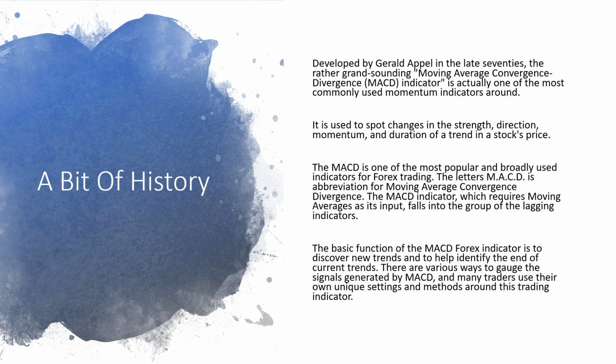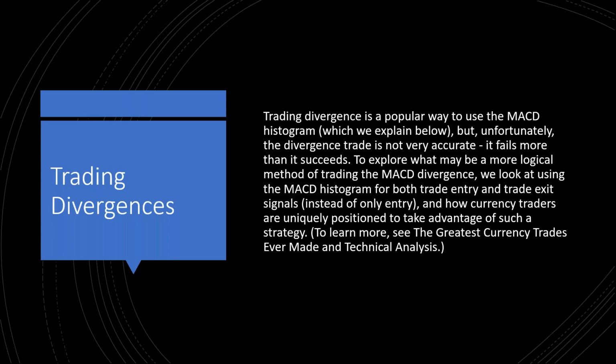The function of the MACD indicator is to discover new trends and to help identify the end of the current trend. There are various ways to gauge the signal generated by MACD, and many traders use their own unique settings and methods around this indicator. Now, trading divergence is one of the most popular ways used with MACD.